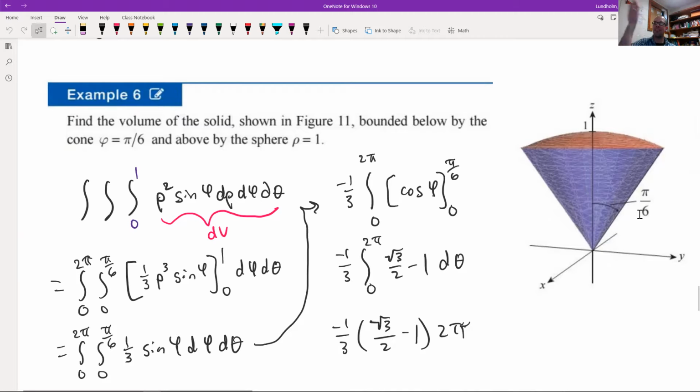So in the phi direction, we start off at phi equals 0, and we go until phi equals pi over 6. And since this is a cone, that angle stays the same all the way around. Since things are symmetric about the z-axis, when we look at theta, our angle in the xy plane, we're just going to go from 0 to 2 pi to get the entire circle of it.